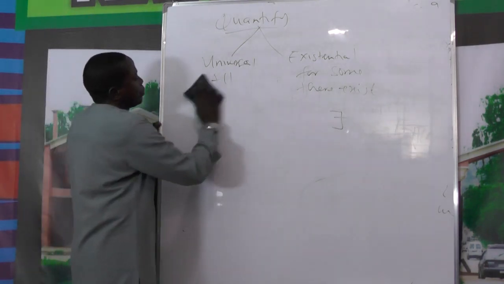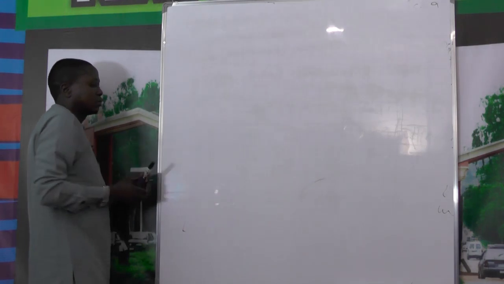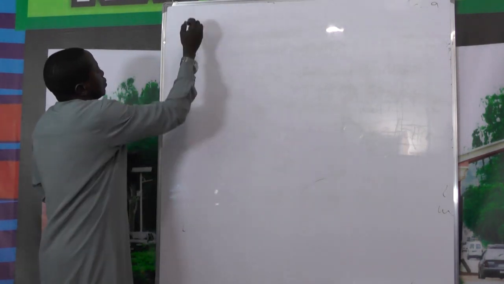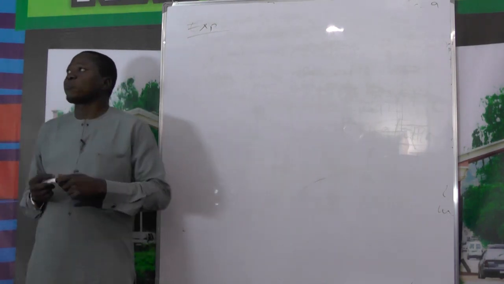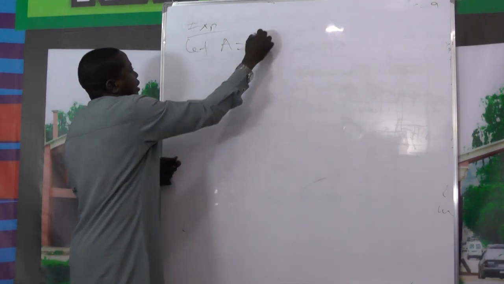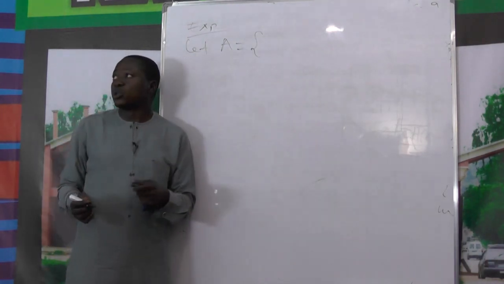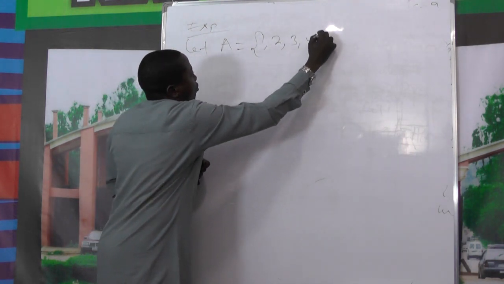So now let's take an example under each of them. Example. Let a set A equal 1, 2, 3, 4, 5.